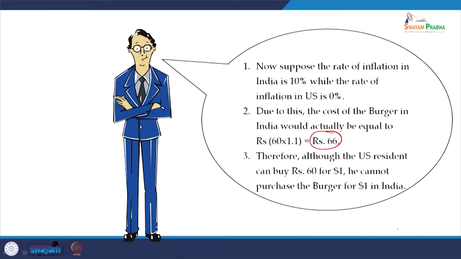Therefore, although the US resident could purchase that McDonald's burger at $1 equivalent to 60, because there was no inflation in the US, the burger price is still kept at $1. So, he cannot purchase the burger for $1 in India because the exchange rate is 60.